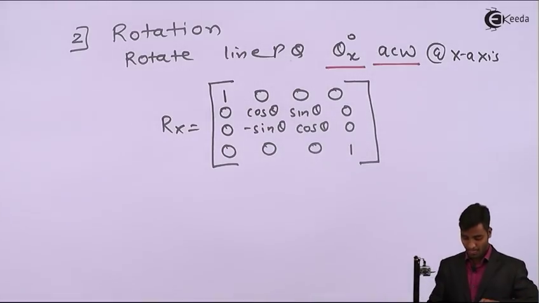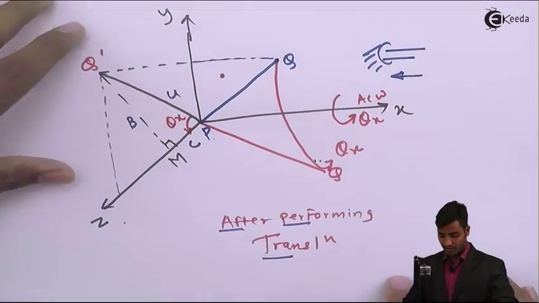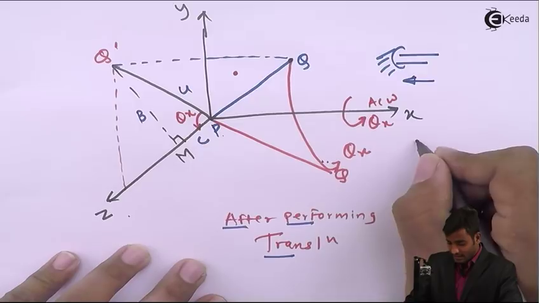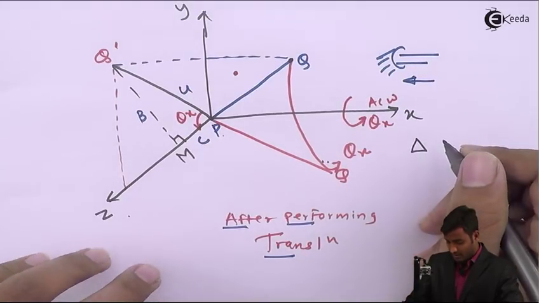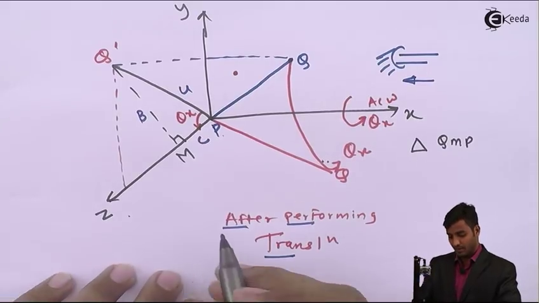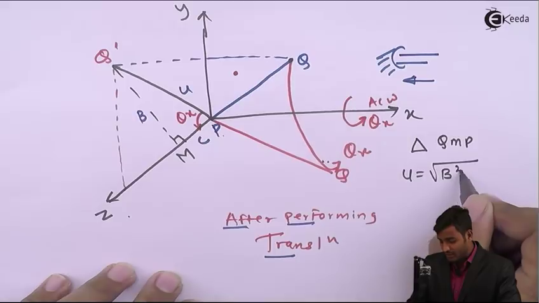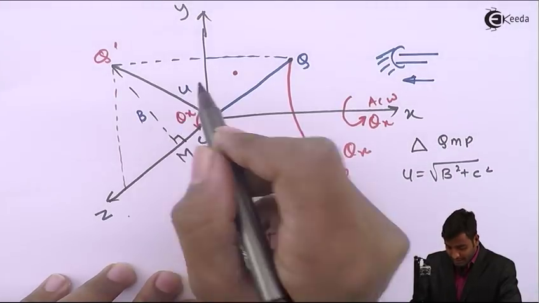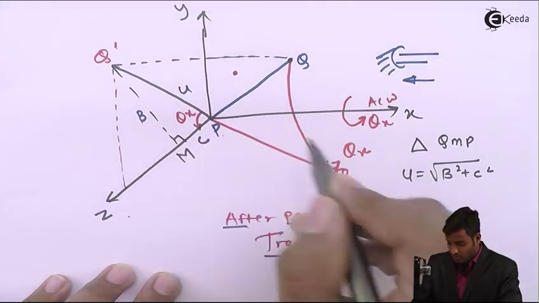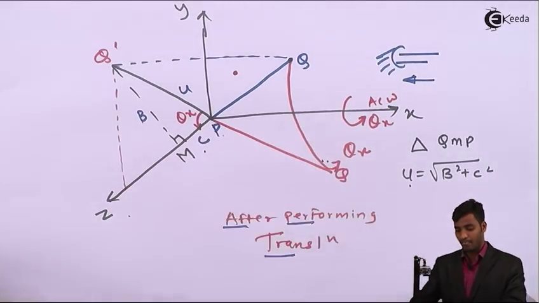So now we'll refer to the figure. From this, it is right angle triangle QMP, so U square is equal to B square plus C square. This is the hypotenuse side, so U is equal to under root B square plus C square.